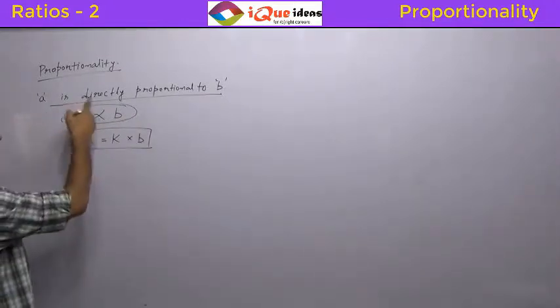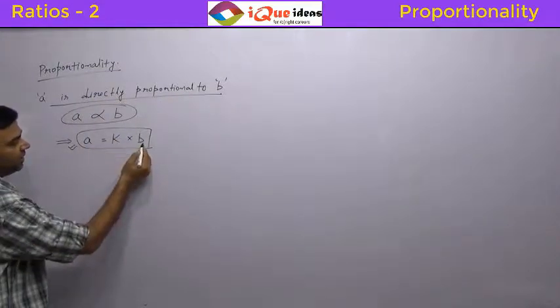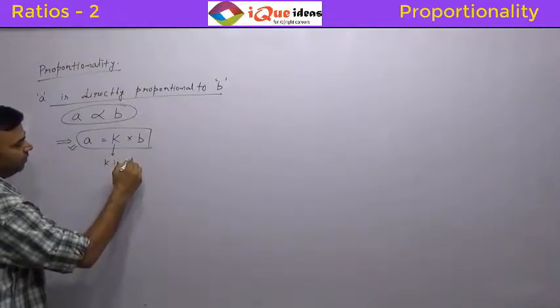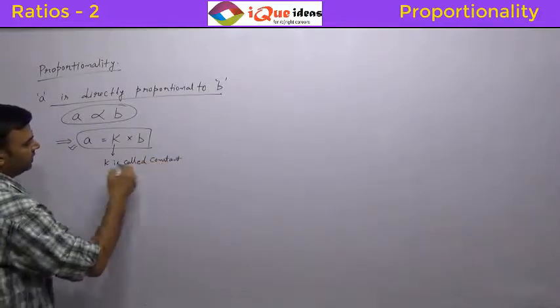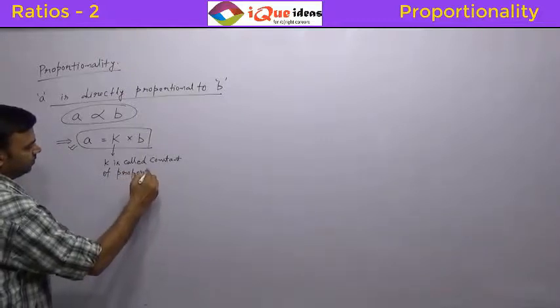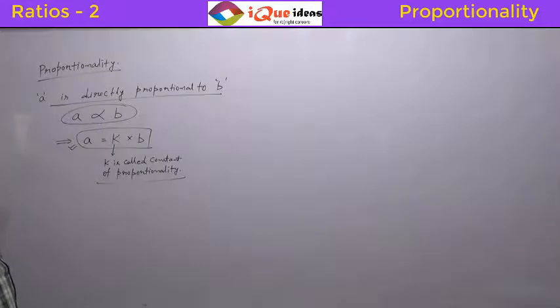I repeat, A is directly proportional to B means A equal to a constant value into B, where A and B are the quantities and this K is called constant of that proportionality.